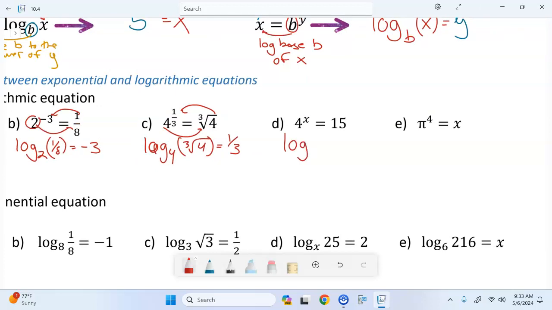Log base 4 of 15 equals x. Log base pi of, there you go. Okay? Pretty straightforward.